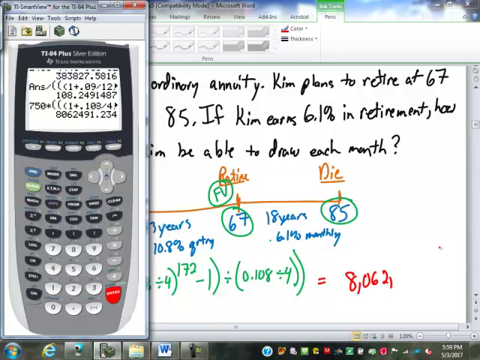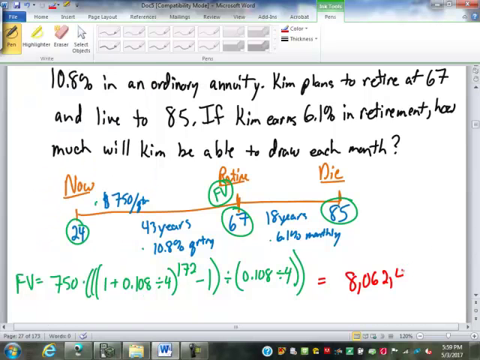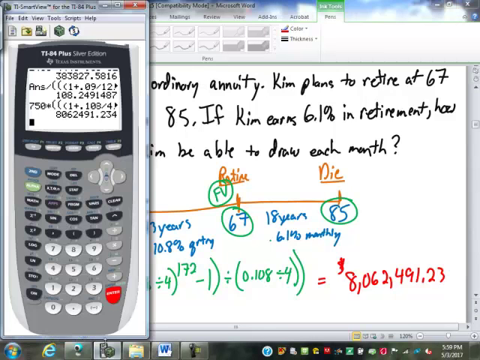No. $2 million? Oh, I must have done something wrong. I was thinking it was way off, so don't go by mine. It just seems really ridiculously high. Let me punch this one again just to make sure.